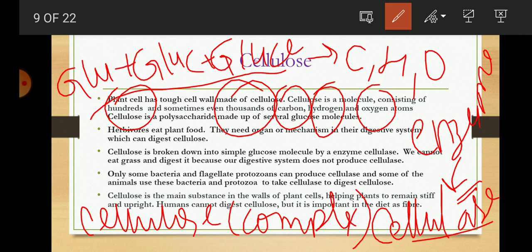But students, this cellulose is also good for us. Even though we can't digest it, it is good for us, because in our diet, cellulose acts as a fiber, known as dietary fiber, and this increases the weight and size of your stool. It also softens the stool, and bulky stool is easier to pass, which decreases the chance of constipation.